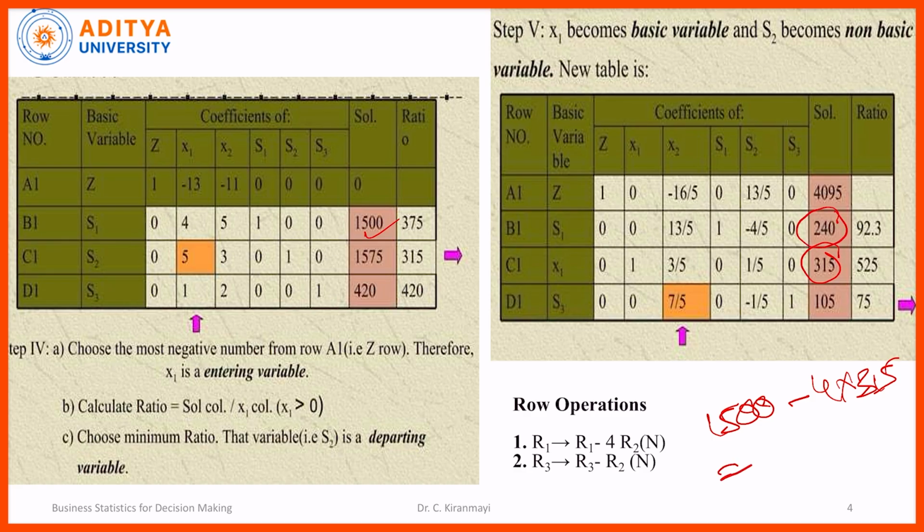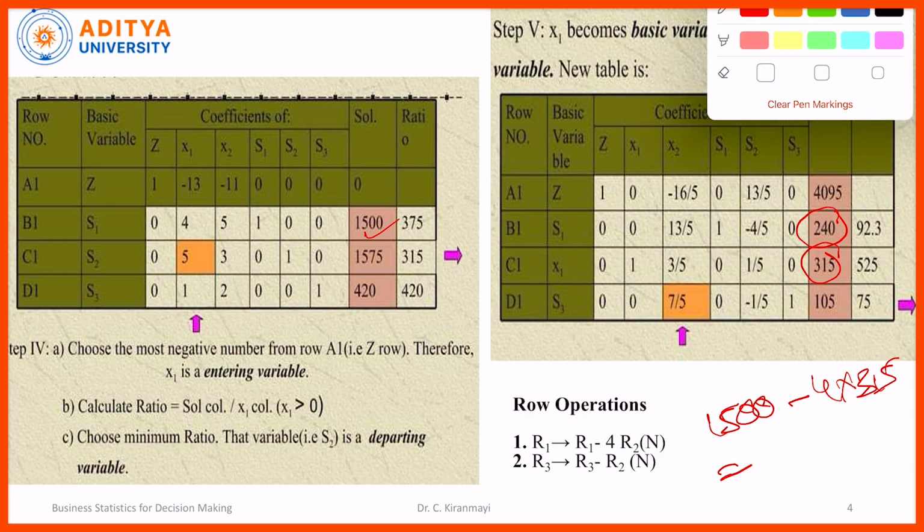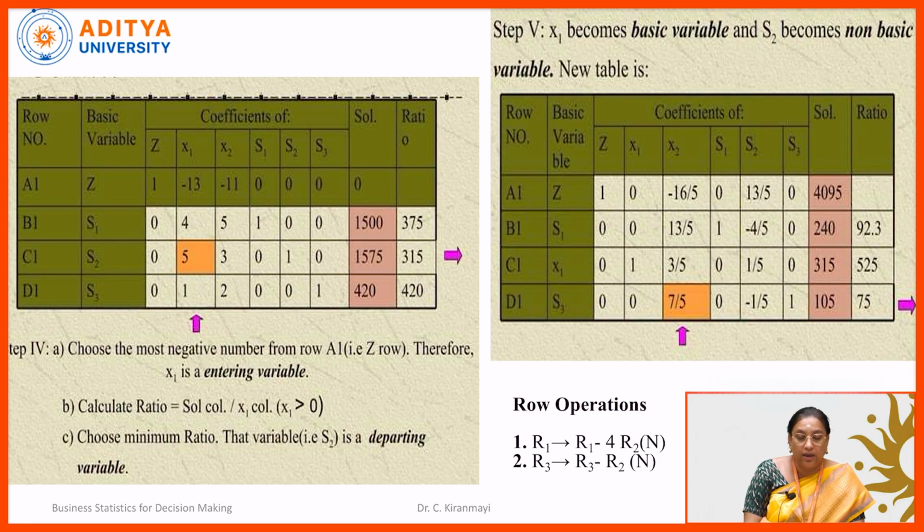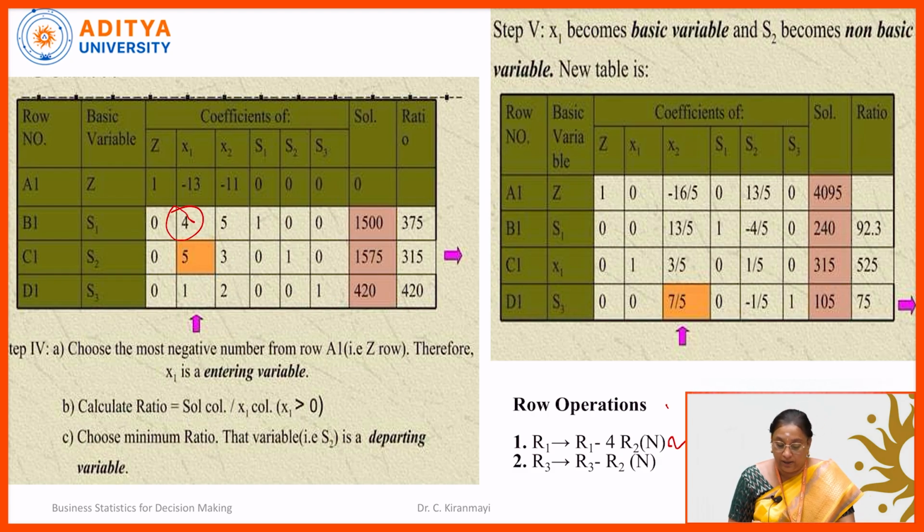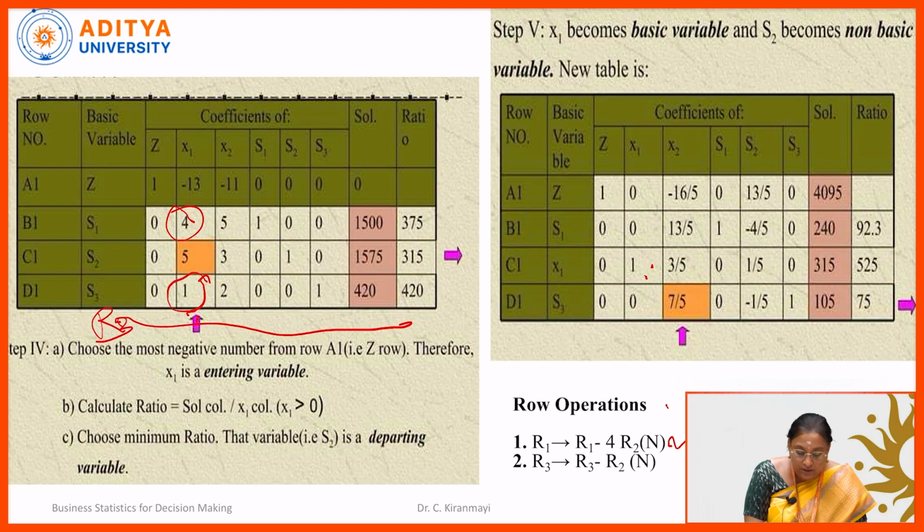This is how we make the elements in the key column other than the key element zero, by using this row operation. Likewise, the other element in the key column, that is 1, must also be made 0. Here it is 1, and here it is 1. If we subtract both elements, it becomes 0. That is why I am changing R3. This is R1, this is R2 and this is R3.